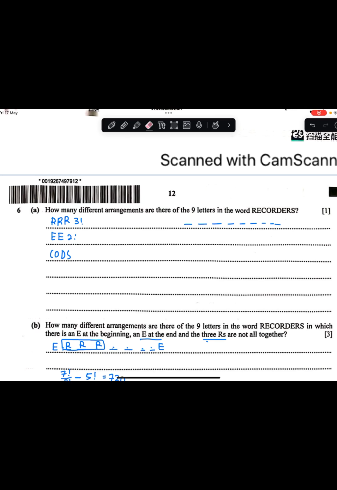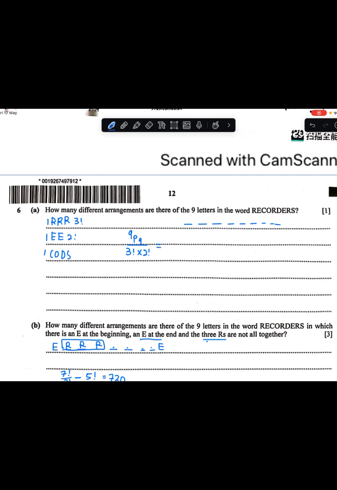Okay, so 6A is a 1 mark question, not complicated. So we arrange 9 letters. What I do is I split the letters up like this, so it's easier to see which letter is repeating. So we arrange all 9P9 or 9 factorial. Then we have to divide by those repeating letters, 3 factorial times 2 factorial.